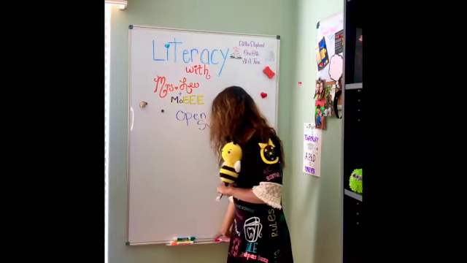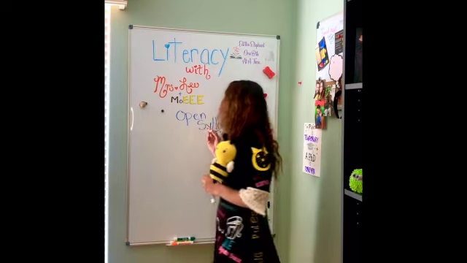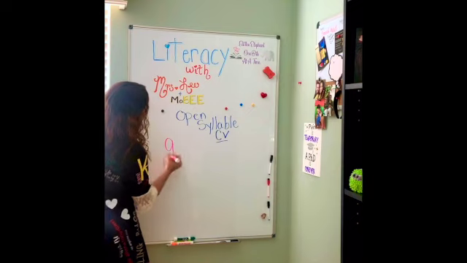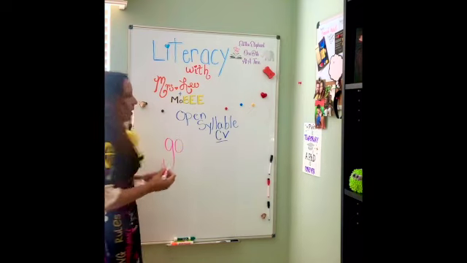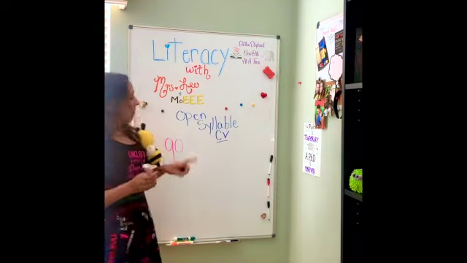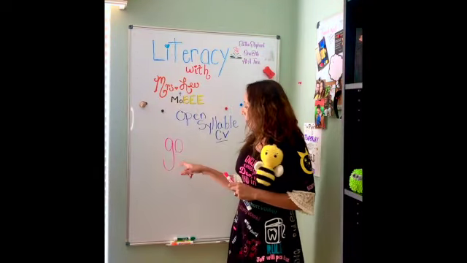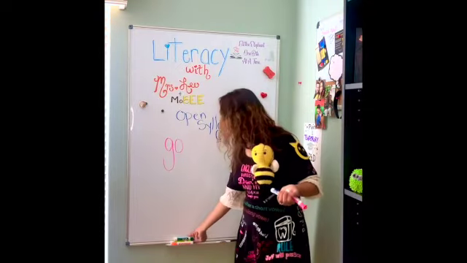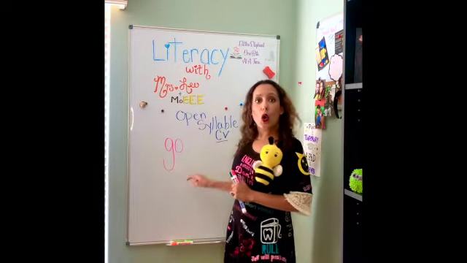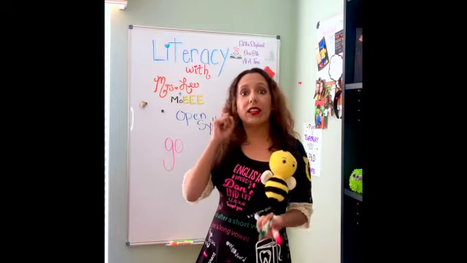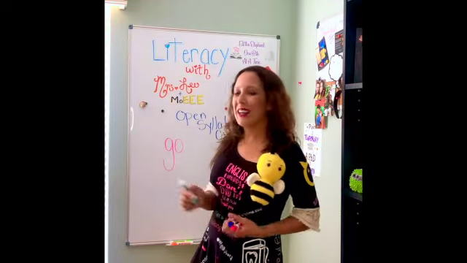For example, let's look at this word. This word is go. Say go. Go. Well, how do you guys know that that O says its alphabet name, which is O, says the long sound, I'm sorry.